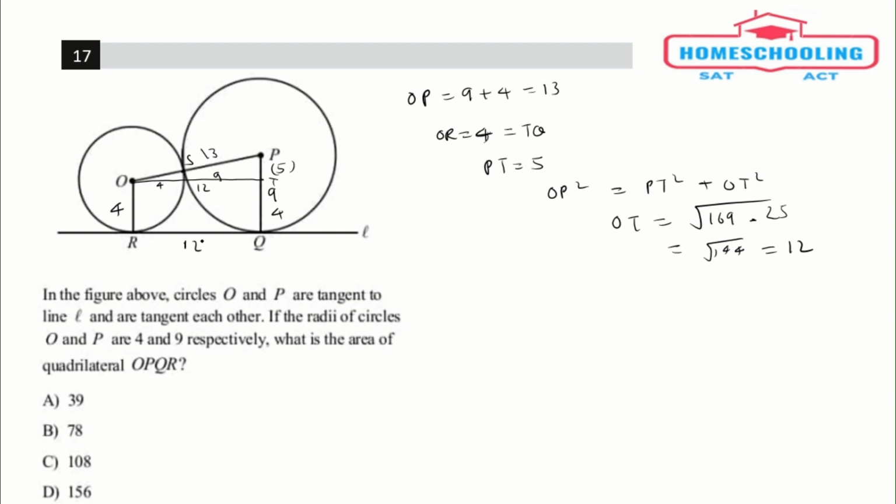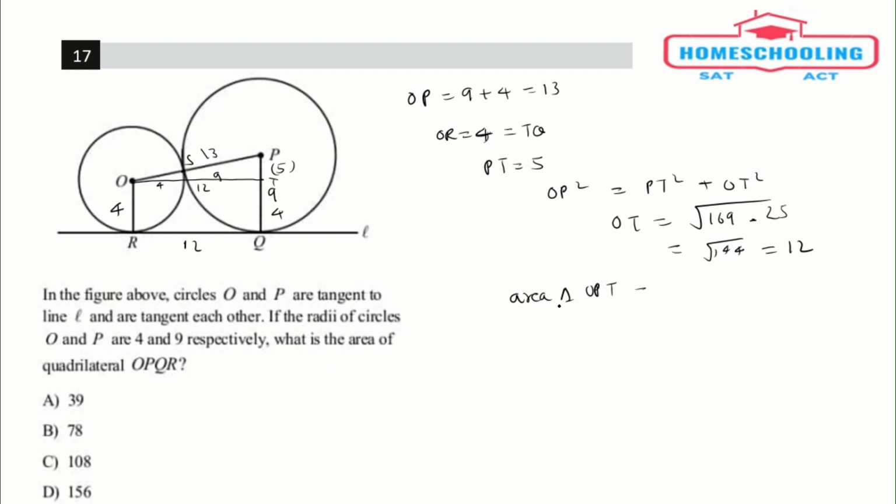So now we know that this quadrilateral can be divided into two parts, one as a triangle OPT, and the other as a rectangle ORQT. Now we have to find the areas of both, so first let's find the area of the right triangle OPT.